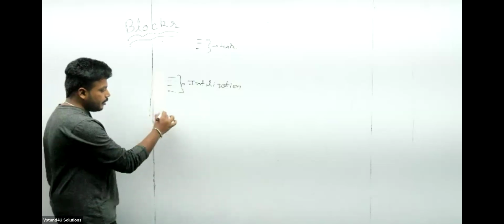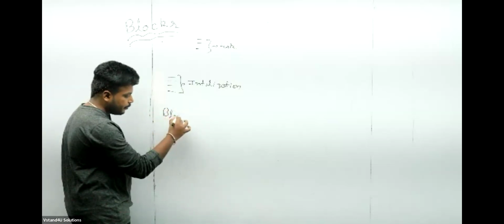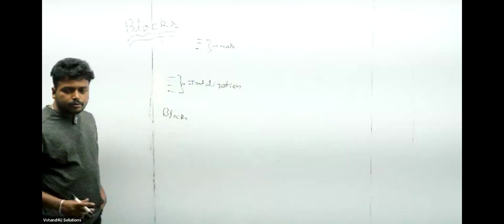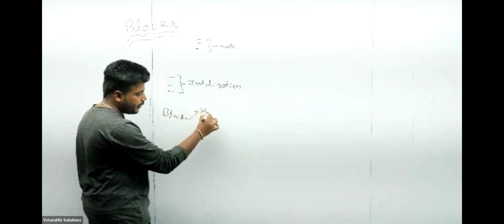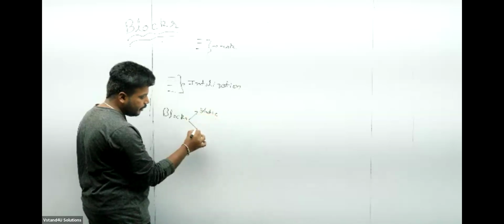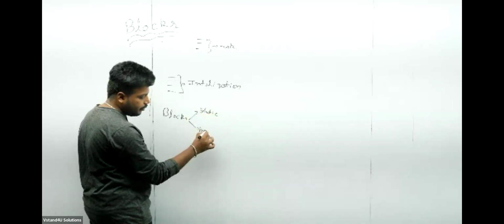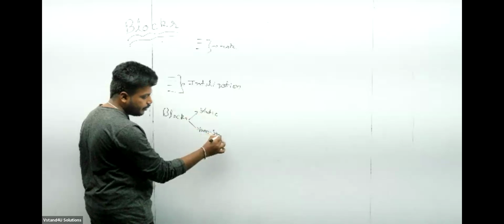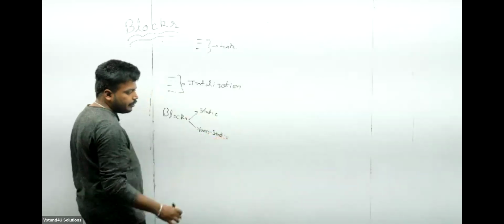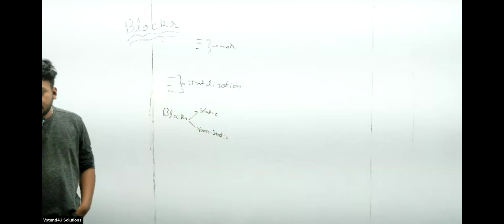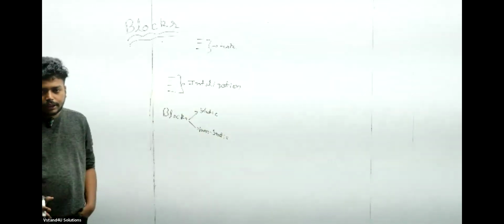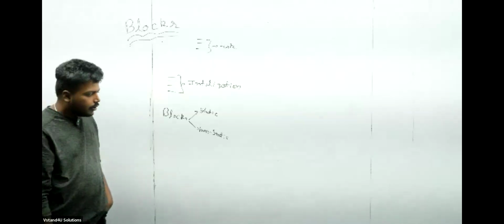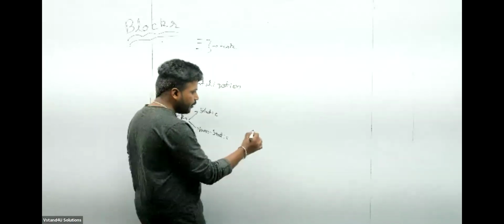In blocks, we have two types. The first one is static and the second one is non-static. How to declare the static block?